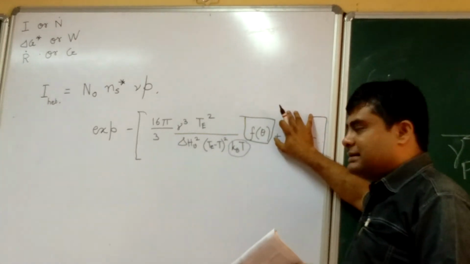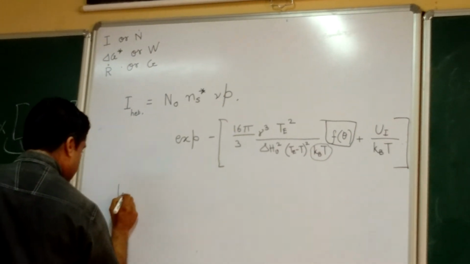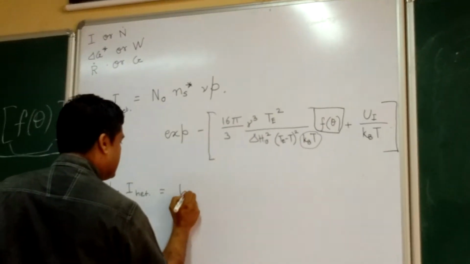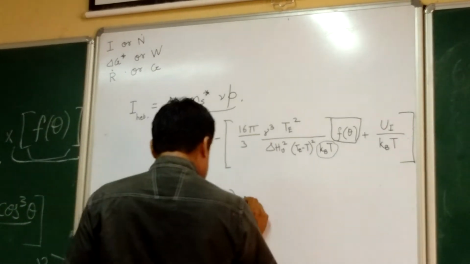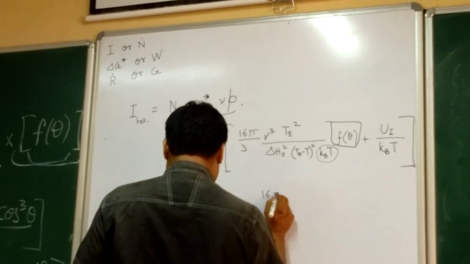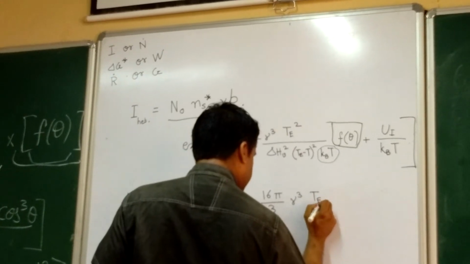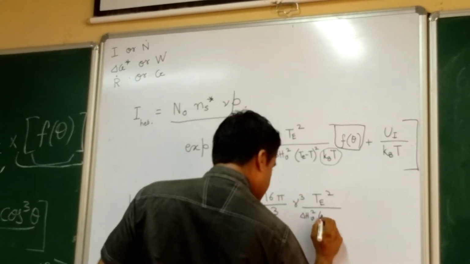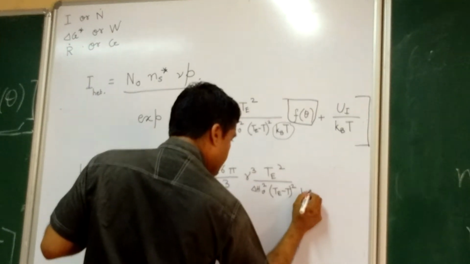So you can neglect this, and in that case your ln I heterogeneous will be ln of that pre-exponential term, say A, minus 16 pi over 3 gamma cubed T square over delta Hv square, Te minus T whole square KBT, multiplied by F theta.